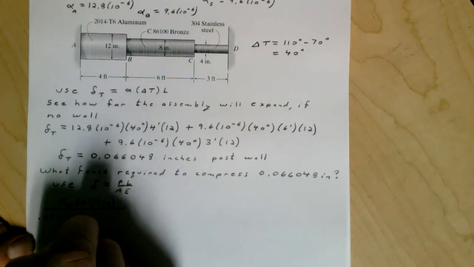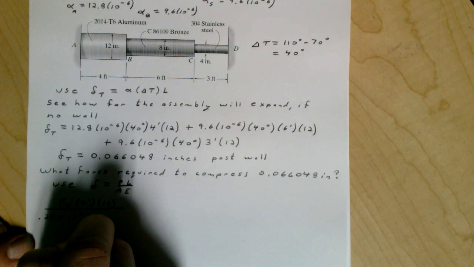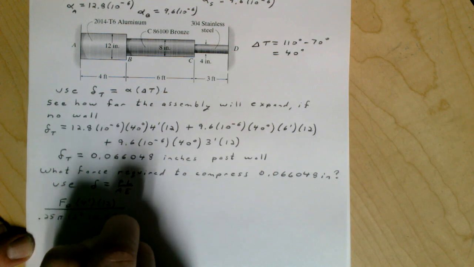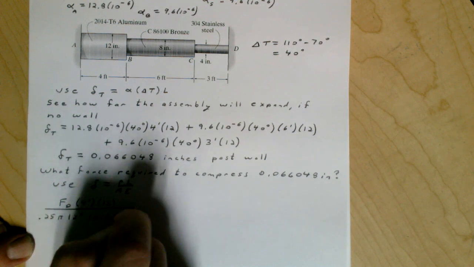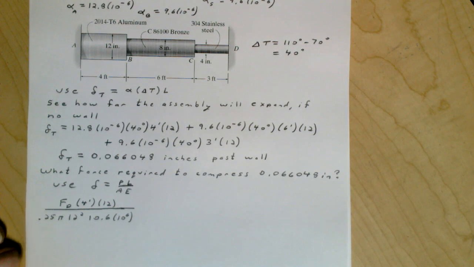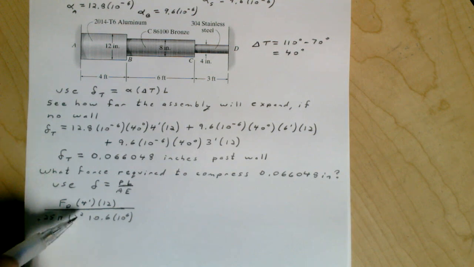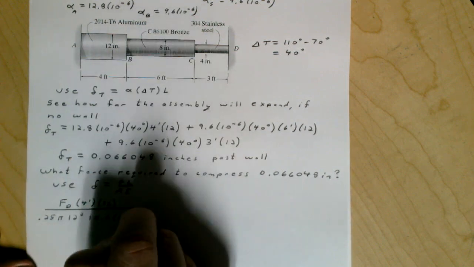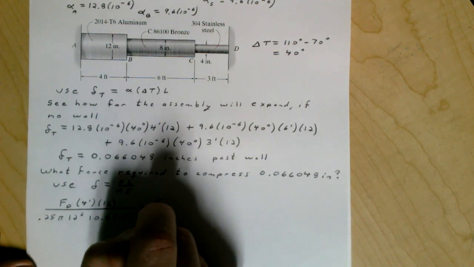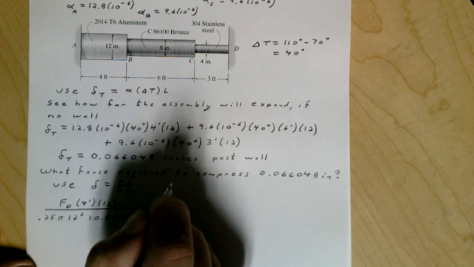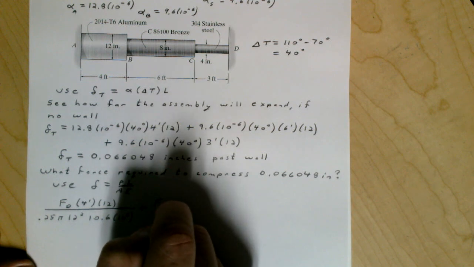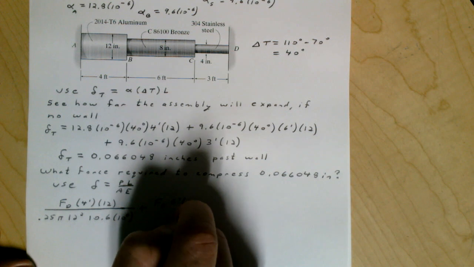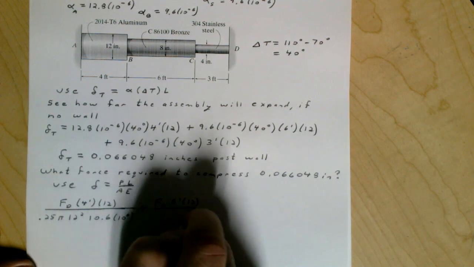I didn't write that down, but that's actually going to be 10.6 times 10 to the 6th. And so that's going to be the deflection in the aluminum. And then the deflection in the bronze is going to be FD times 6 feet times 12.